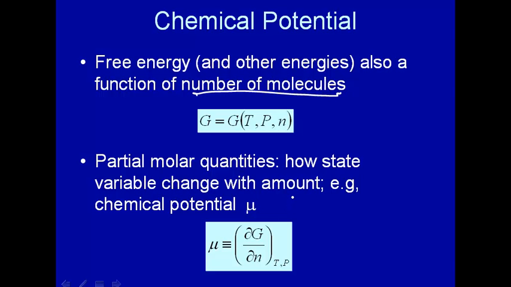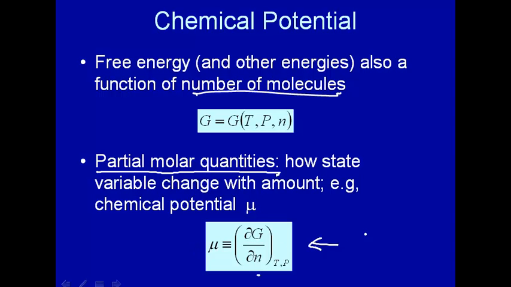Okay, so let's define partial molar quantities. Partial molar quantities is how some state variable or some state function changes with amount. For example, if you take the partial derivative of G, the Gibbs free energy, with respect to amount, or number of particles or moles or whatever, that is a partial molar quantity.